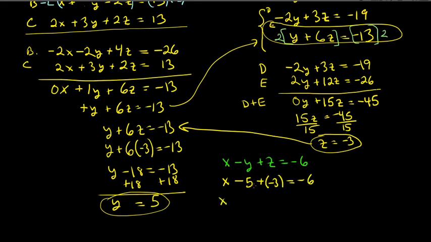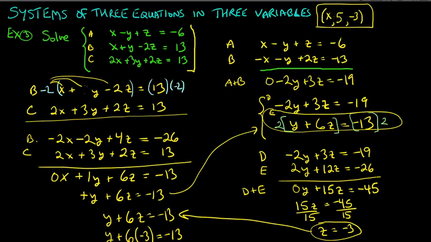So negative 5 plus negative 3 is negative 8. And so x minus 8 equals negative 6. Now just add 8 to both sides, and negative 6 plus 8 is 2. So there you go. x is 2. So go back, and we have our solution, right? It's going to be 2, 5, negative 3.